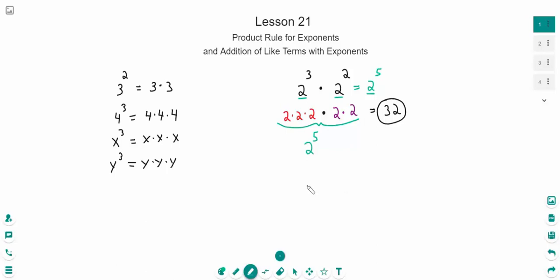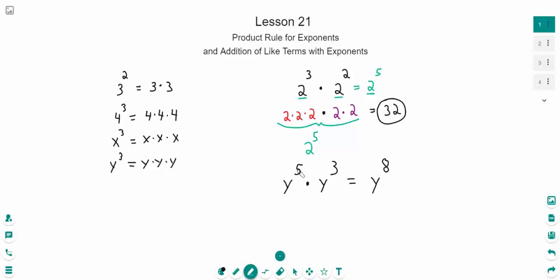So let's say instead of 2's, we have variables. Let's use a y. Let's say we've got y to the fifth power, and we want to multiply that by y to the third power. Okay? Well, we could say that the answer to this is y to the 8th power.